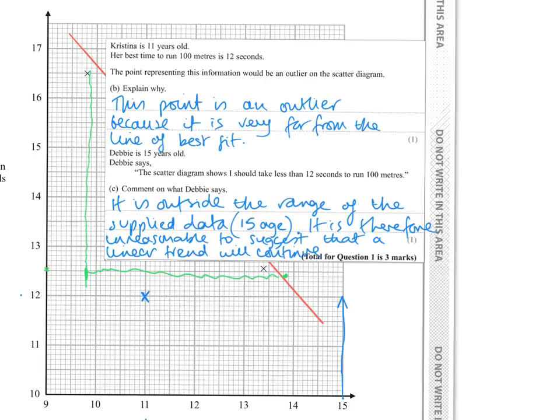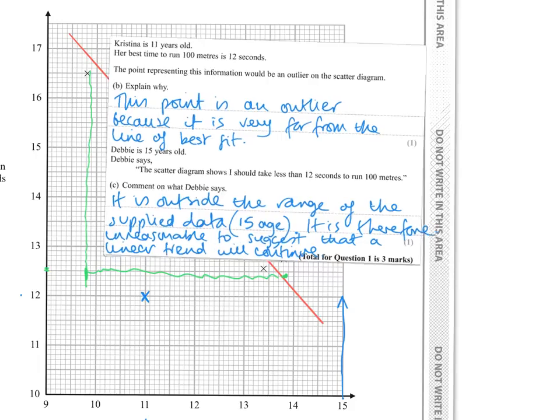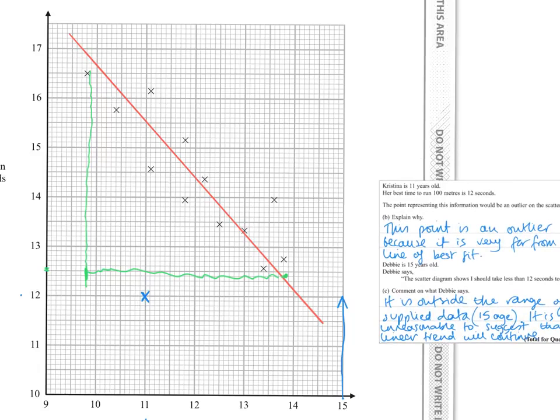But what I'm trying to say is that if you look carefully at the scatter diagram, you've really got to keep within the range of the data. Because as the age increases, how do we know that it's going to be linear? It might not be at all. And you could look at it the other way. If the age is becoming lower and lower, say a 1-year-old, well, a 1-year-old might not even be running.